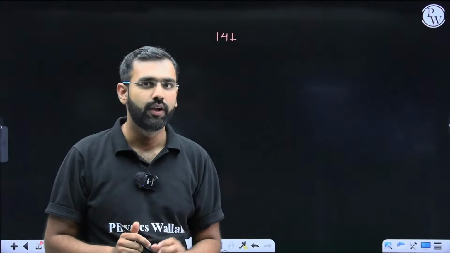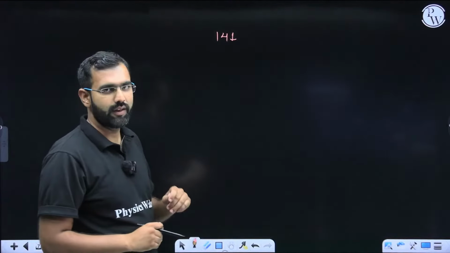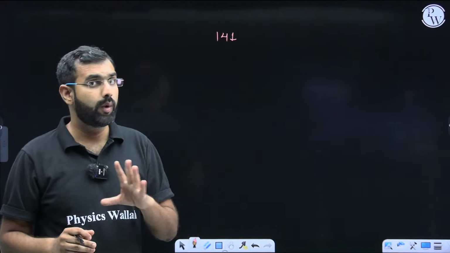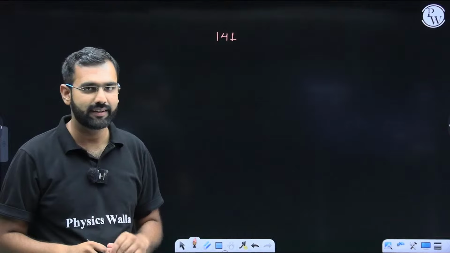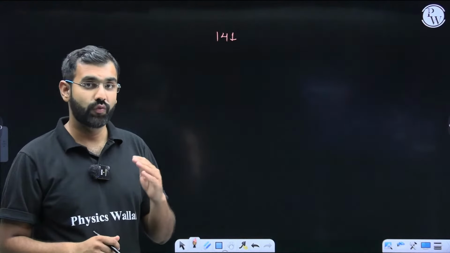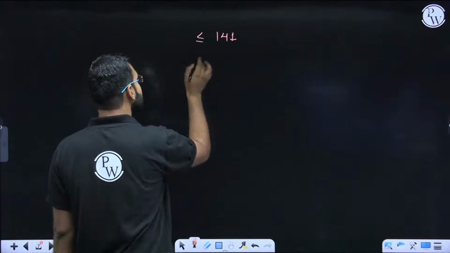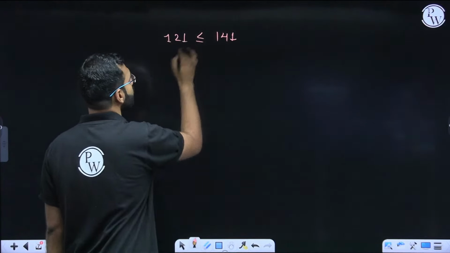A square just smaller than 141 will be 121, the square of 11, because with 12 it will be 144.